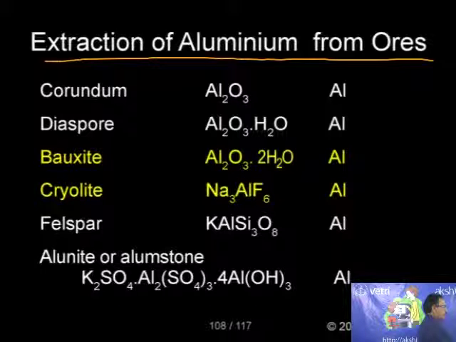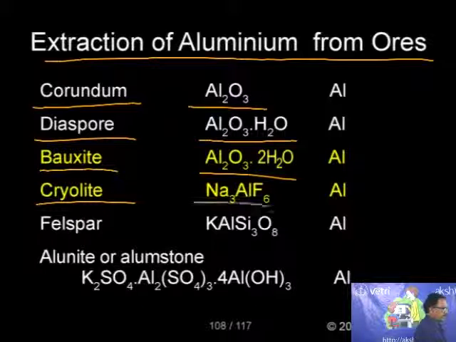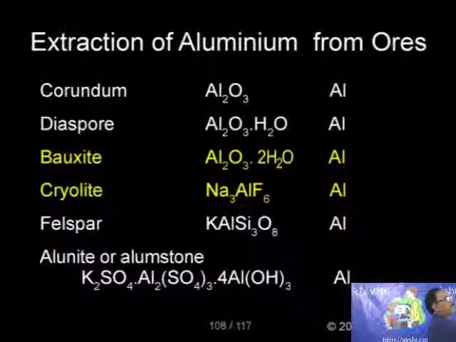It exists in the form of corundum, formula Al2O3; diaspore, formula Al2O3.H2O; bauxite, which I am going to use in this, formula Al2O3.2H2O; cryolite, Na3AlF6; feldspar, KAlSi3O8; and alunite or alum stone, formula K2SO4.Al2(SO4)3.4Al(OH)3. I will take specifically bauxite and cryolite here. I will explain how aluminum can be extracted from this ore.